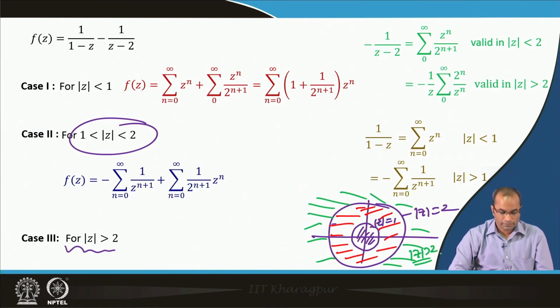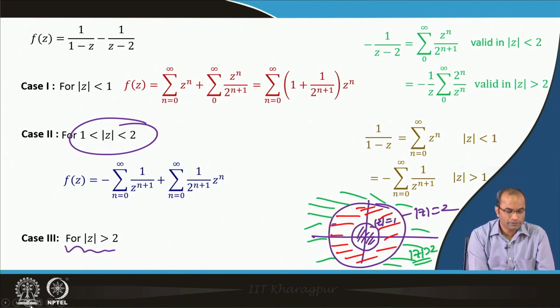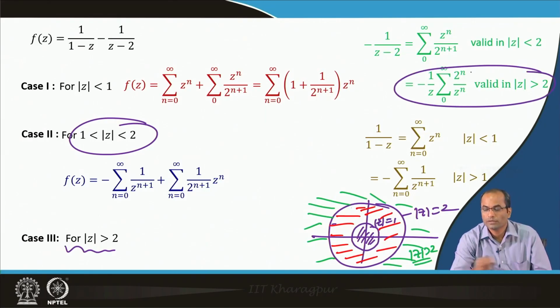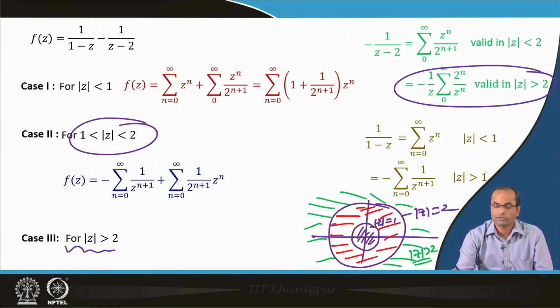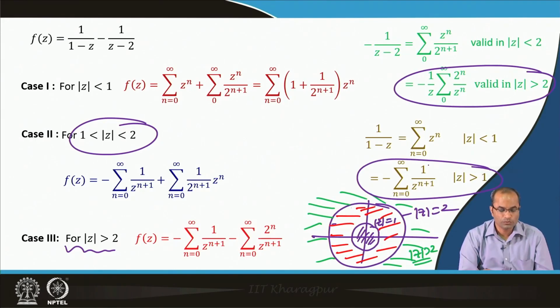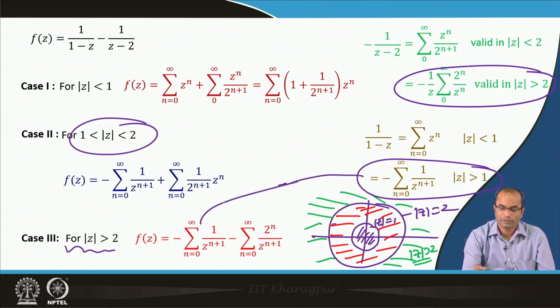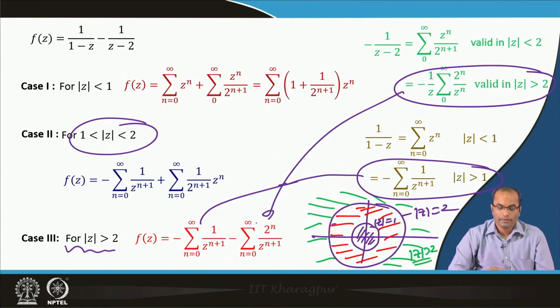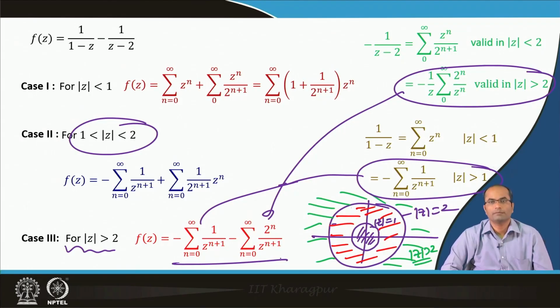So, having this situation, mod z greater than 2, we have this expansion which is valid in mod z greater than 2, and this one is valid in mod z greater than 1. So, naturally it is also valid for mod z greater than 2. So, then we can use these two expansions here, the one here and the other one here, and then we have this series expansion, and then we can club it.